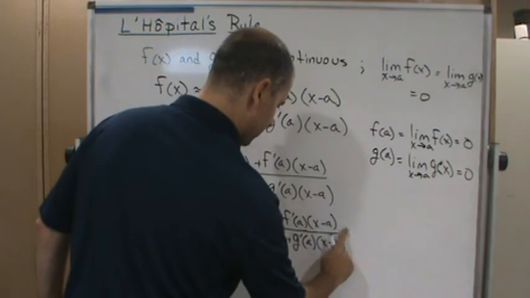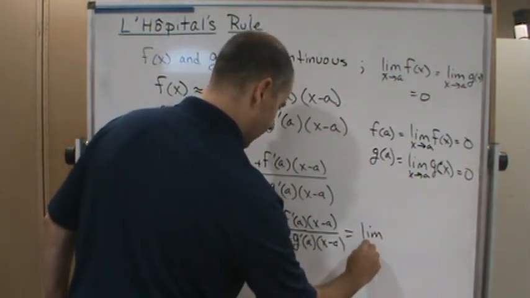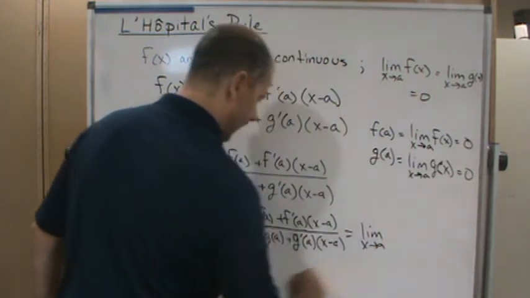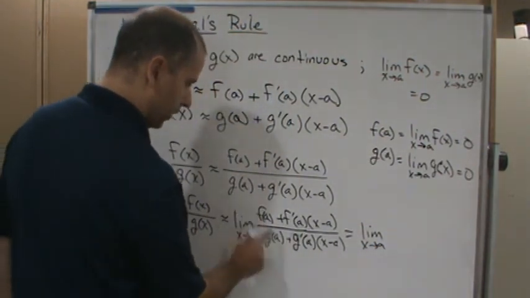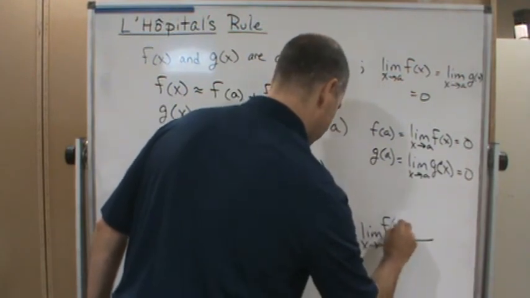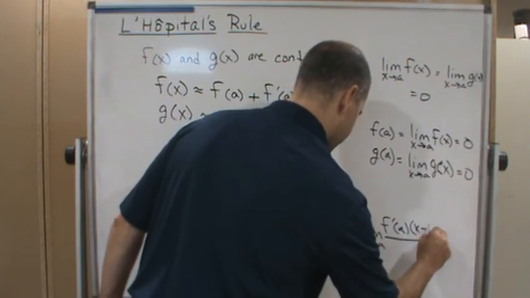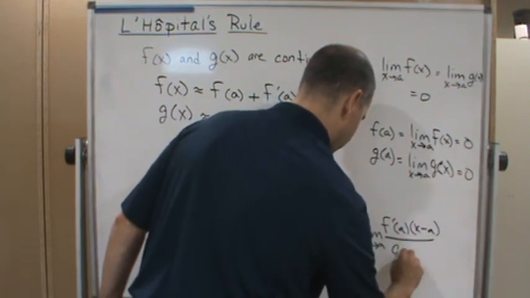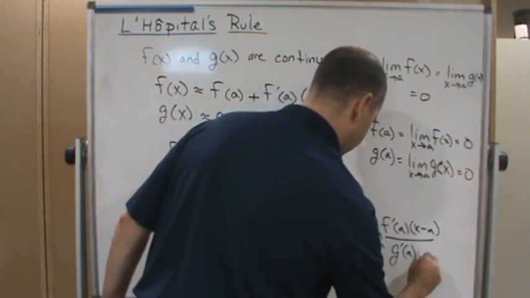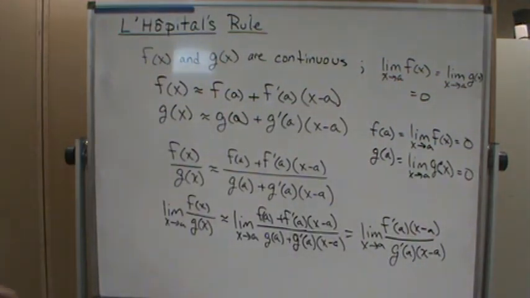So then this equals the limit as x approaches a of what? Well, these both are going to be 0. And this is going to be just f prime of a times x minus a, over g prime of a times x minus a, right?